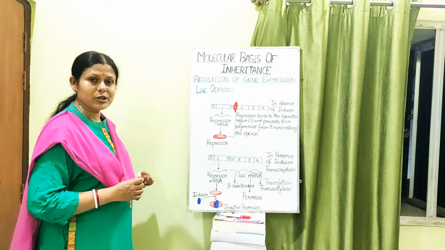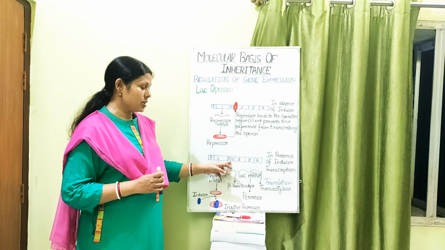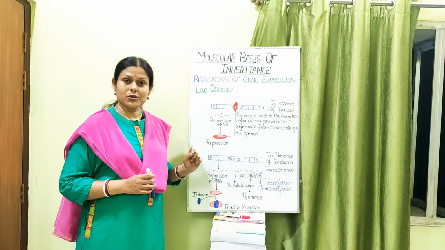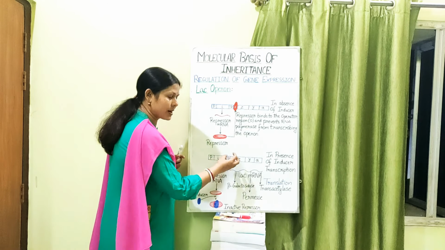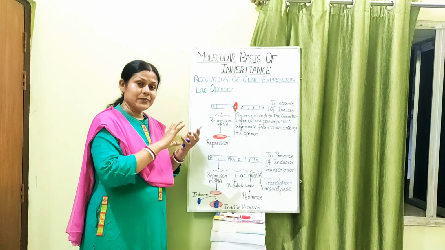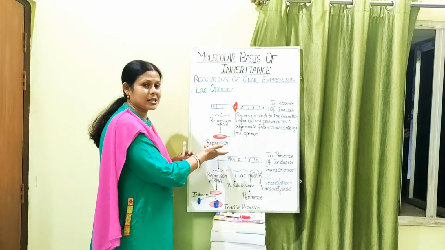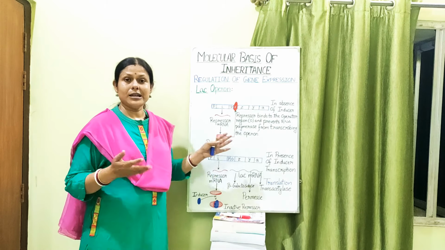So once the conformation of the protein is changed, it cannot come and bind with the operator region next to the promoter region, because it has changed its conformation. So there's a lock and key process. That place where it is going to bind, due to the change in the conformation, it can no longer bind over there. So as a result, now the pathway is clear.